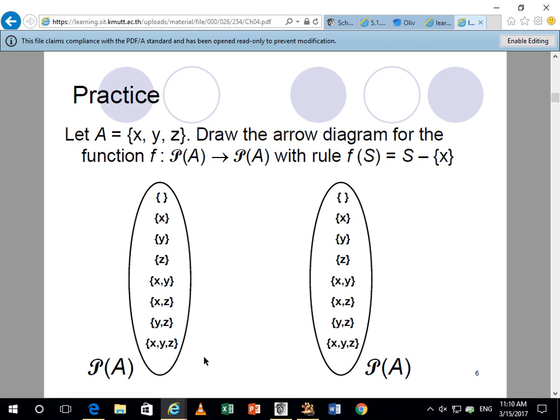Then f of S is S minus this, equals what?